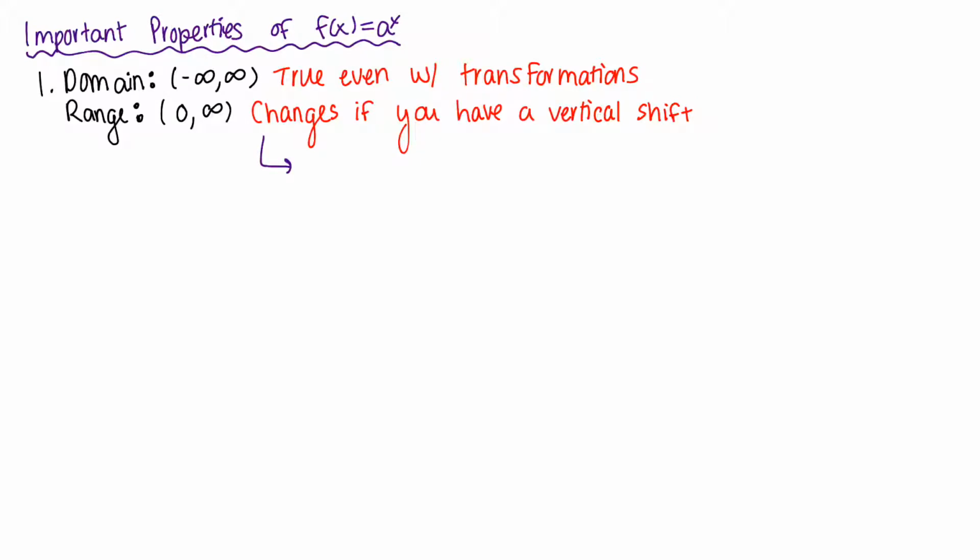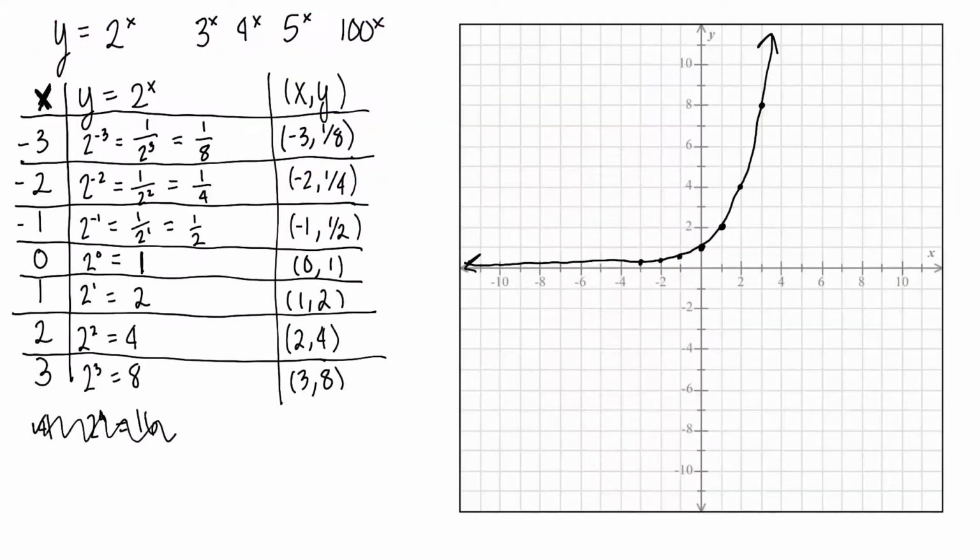So if you had the function y equals 2 to the x plus 7, it's going to be this same graph, except every point is going to be shifted up 7 units. So this point right here would shift up 7 units, so it goes from 1 to 8. This point right here would go up 7 units. It would go to right here, right? You'd have something like this.